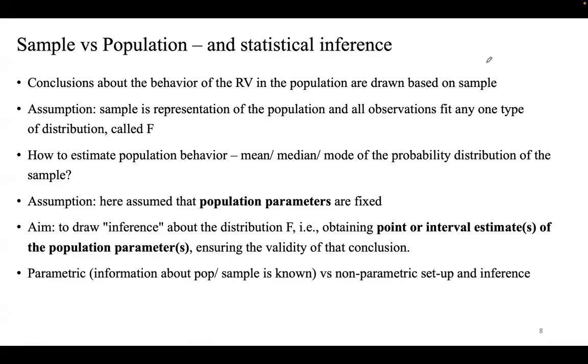But it is not always possible to consider everybody. So a lot of times you make observations about some people. You're taking fewer numbers. So let's say the entire population is 1 billion. You don't take 1 billion people.